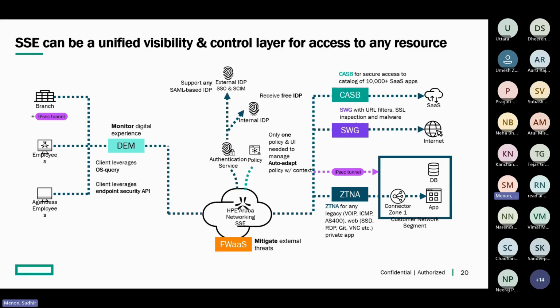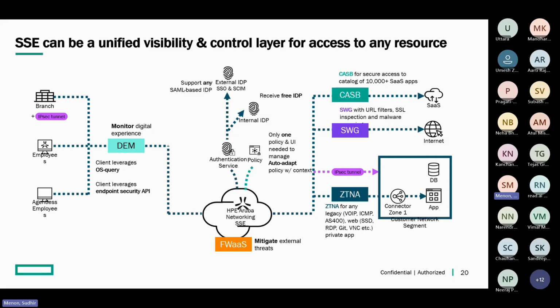But from an architecture per se, wherever the employee, subcontractor, IoT device lies, the SSE platform sits inline to provide each of those technologies like zero trust network access, SWG or CASB services, etc. And while you do that, we have an inbuilt IDP, but we can also integrate with your existing ADFS or Okta or whatever identity access management solution you have in your environment.